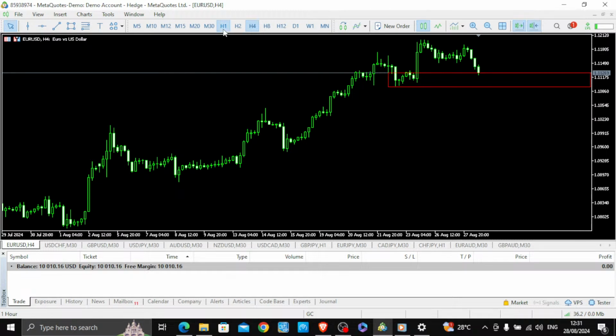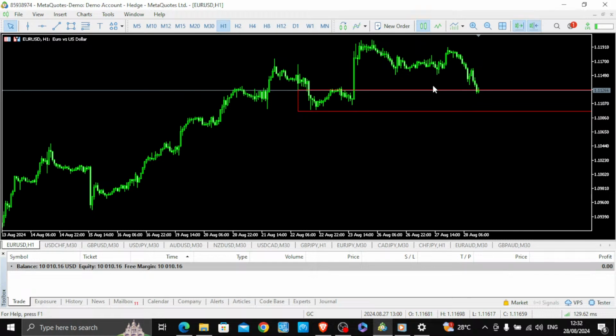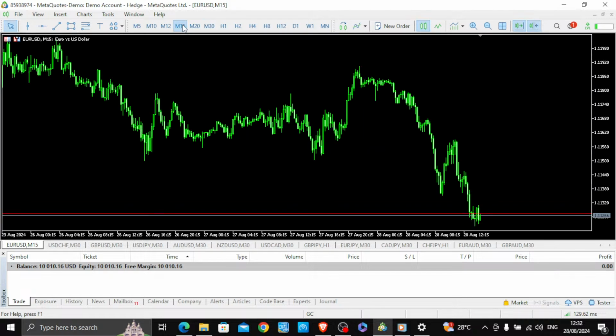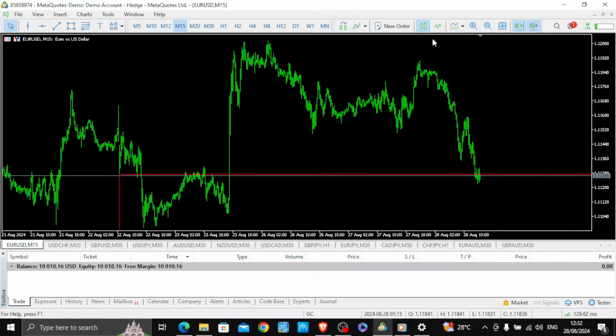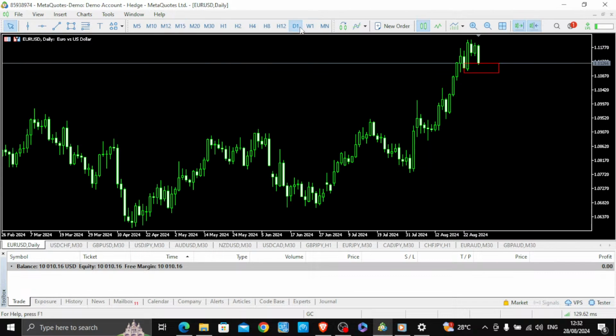So we can go down to 1 hour. Having marked the area very well, we can now go down to 1 hour. Okay, 30 minutes. Here now we are watching what is happening here. Exactly. So from our daily now, we found out that the market is moving on. Though this candle is huge.